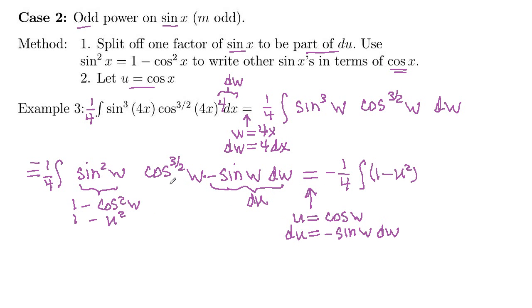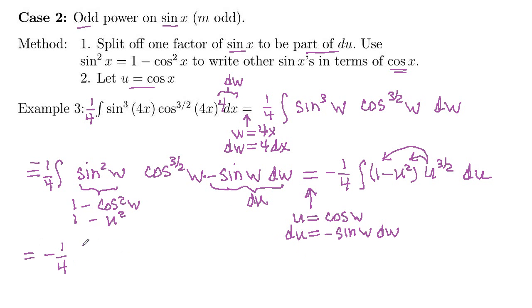And then cosine 3/2 w. So that's cosine w to the 3/2. So that's u to the 3/2 power. And then here's our du, negative sine w dw. So now we'll just multiply that u to the 3/2 in, and then it'll be power rule again. So you got a -1/4 out in front.